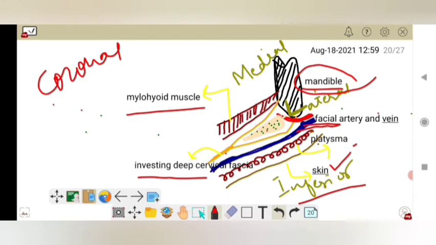Facial artery forms a loop that is downward and forward between the bone and the gland. Then facial artery winds around the lower body of the mandible, then artery goes on face to supply the face.